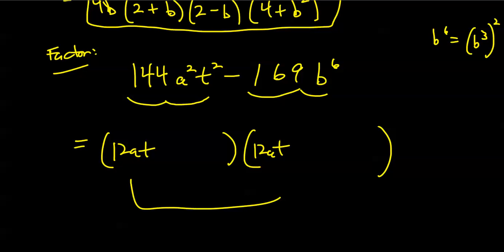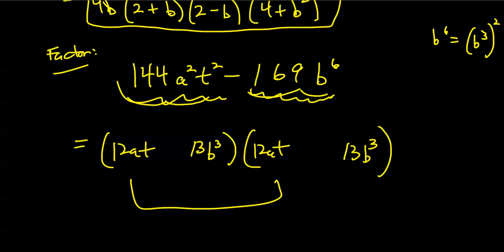Check it out. 12at times 12at is this first term, 144a squared t squared. What's the last term going to be? Well, 169b to the sixth, I claim it's 13b cubed in both last slots. Check it out. The last product is 169b to the sixth, is it not?